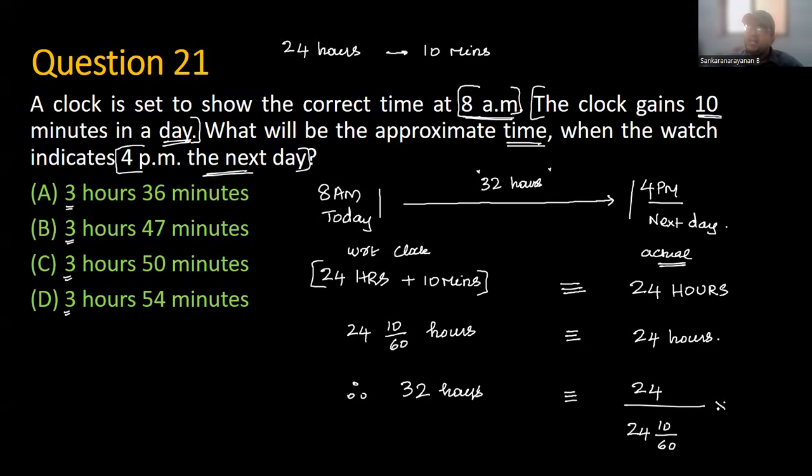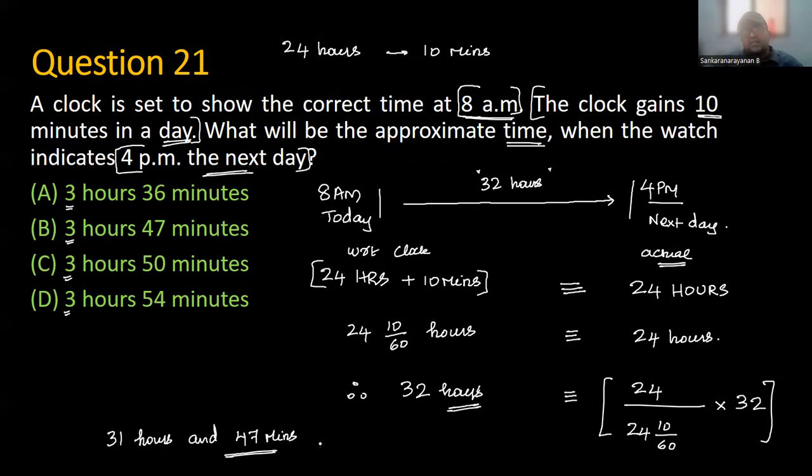That is for 1 hour, into 32 I have to do. You got my point? So on calculation, 32 hours in the clock, in reality, is 24 by 24 and 10 by 60 into 32. And I can see that this refers to 31 hours and 47 minutes.